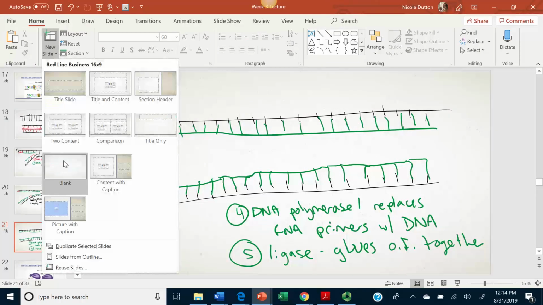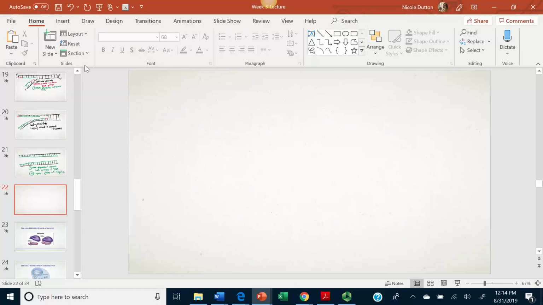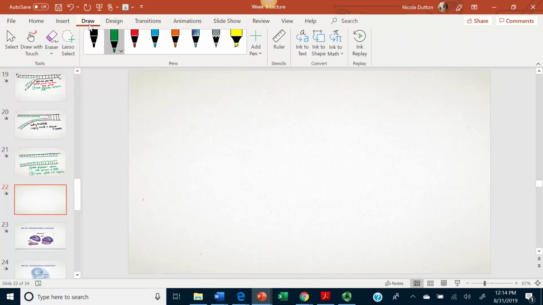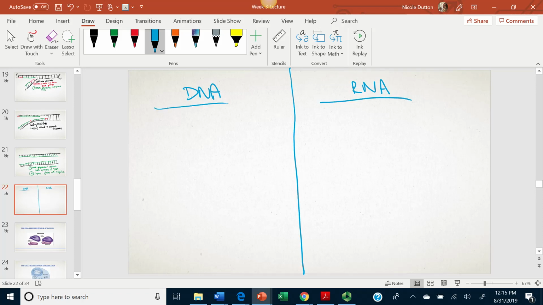Now, before we go on to talk about protein production, we should talk a little bit about the difference between DNA and RNA. So first of all, the name, deoxyribonucleic acid versus ribonucleic acid.